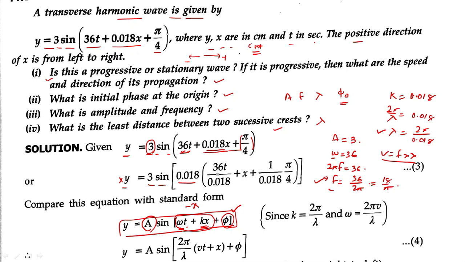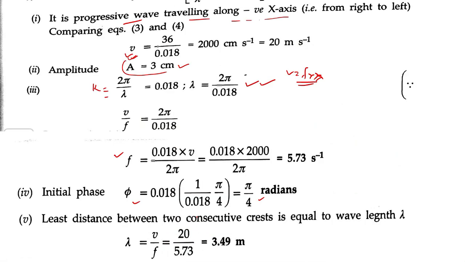If it is omega t minus kx, then it moves in the positive x direction. So this wave travels in the negative x direction because omega t plus kx is there. Okay, let's move to the next question.